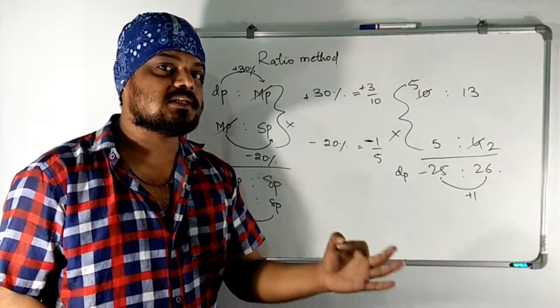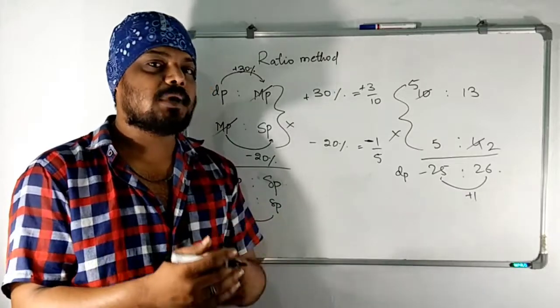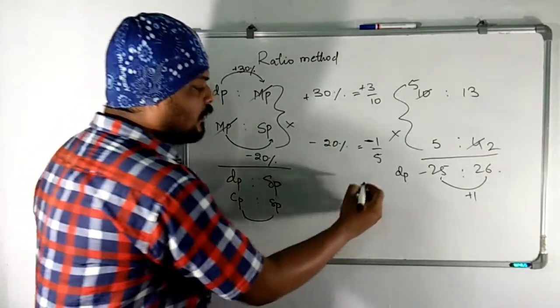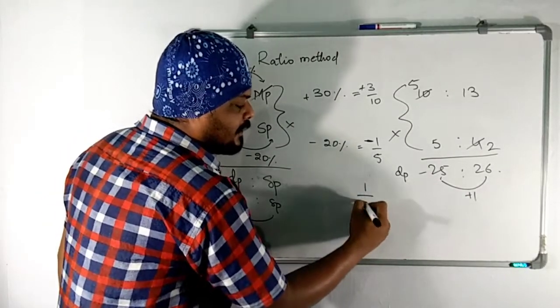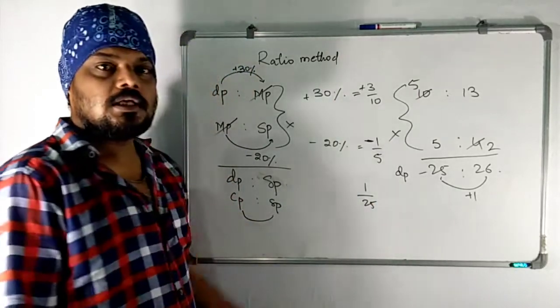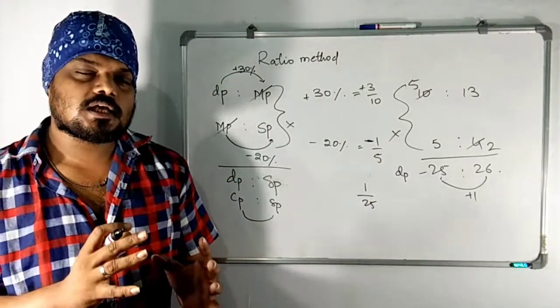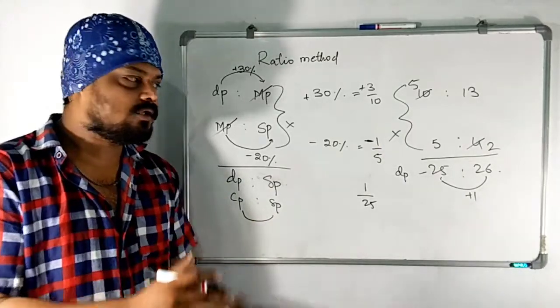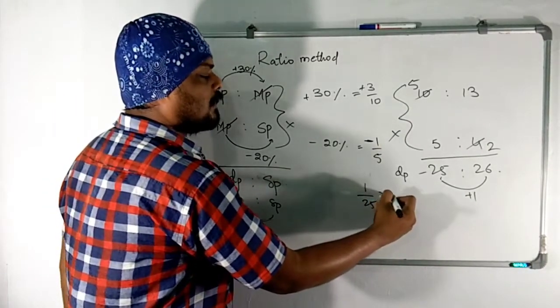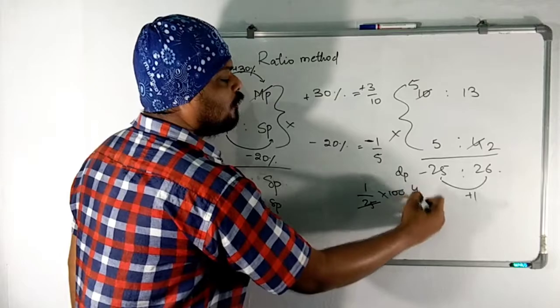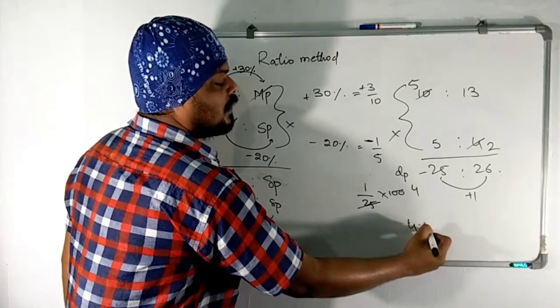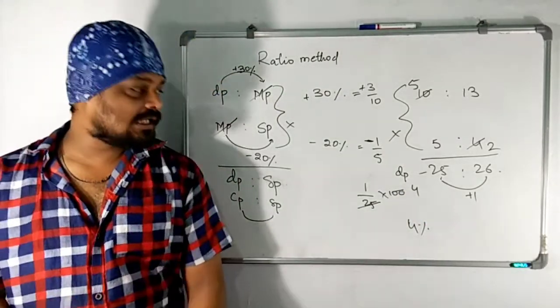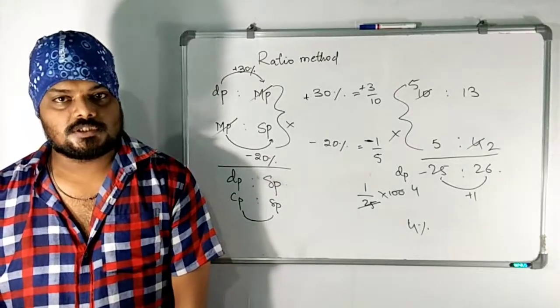Upon decided price. It is given in the question. These comparisons are very important. So here 1 upon decided price is how much? 25. But the question's condition is he is asking a percentage value, so we directly multiply it with 100. We get the value of 4%. That means he got 4% more here.